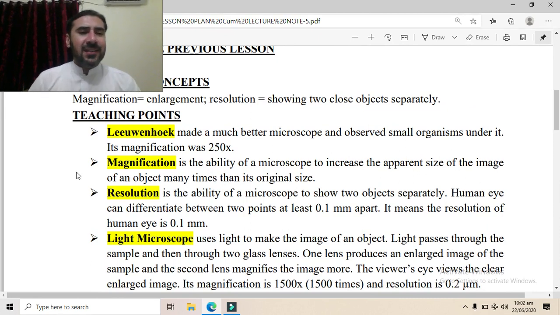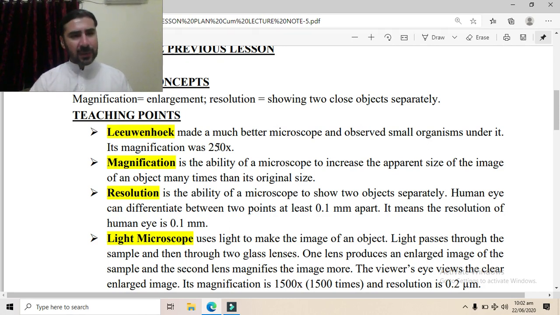Later on, Leeuwenhoek made a much better microscope as compared to the initial one by Zacharias Janssen and his son, and he observed small organisms under it. Leeuwenhoek's microscope has a magnification of 250x.